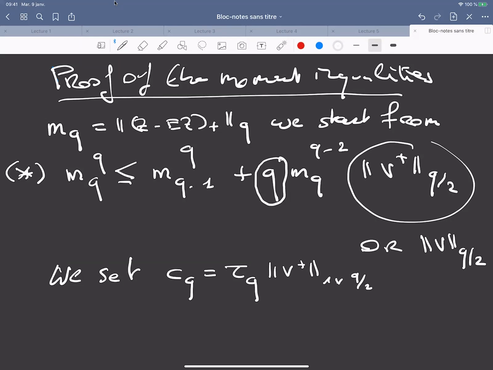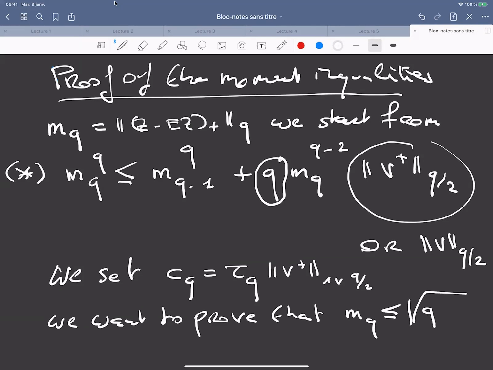So you take this here. And we want to prove that NQ is less than the square root of Q times CQ. I have just translated, in terms of these new quantities, MQ and CQ, the result that we want to prove.